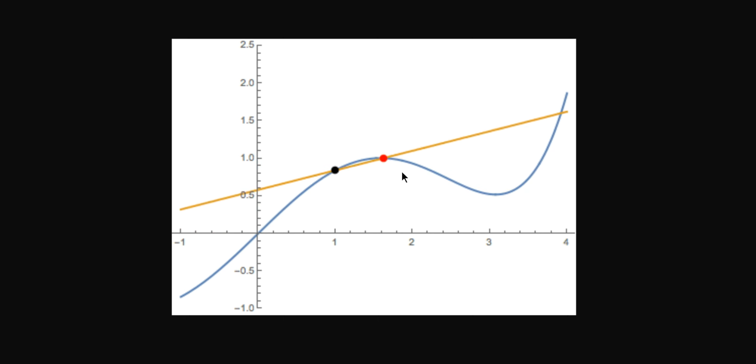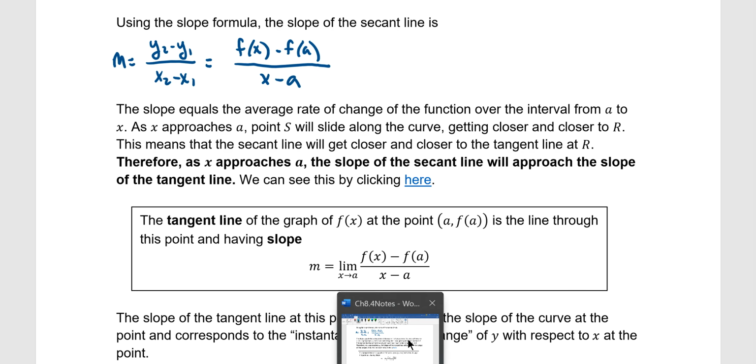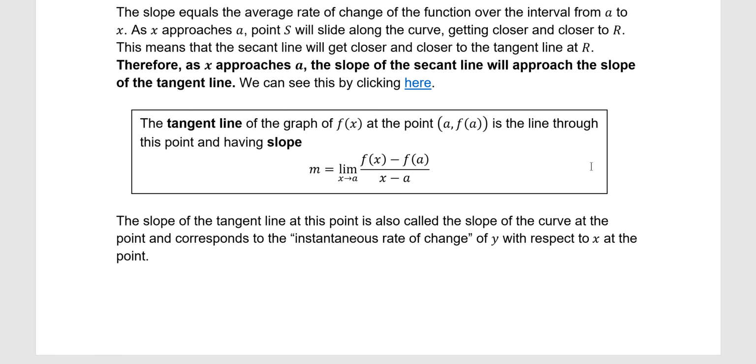As we move S closer and closer to point R, it gets to be a better and better approximation to the tangent line. And then once the red point gets directly on the black point, it becomes exactly the tangent line. All right, so then the question is, how the heck can we get exactly on top of it? Once again, that is with limits.